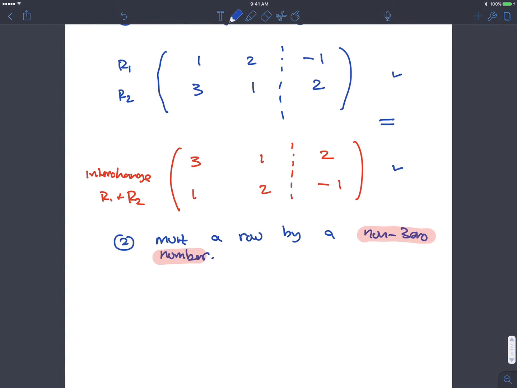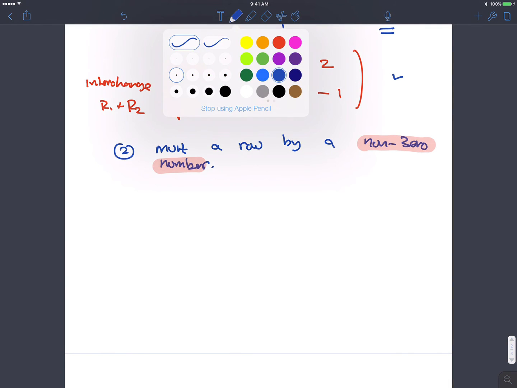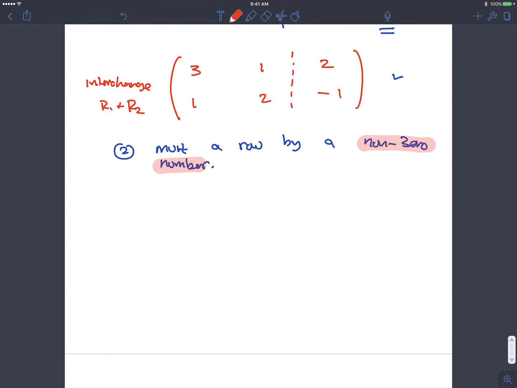So for example, I think it's good to recall that we use notation here. I might want to say, I'm going to multiply -2 with row number 1. I'm going to create a new matrix when I do that, and it's going to be equivalent.